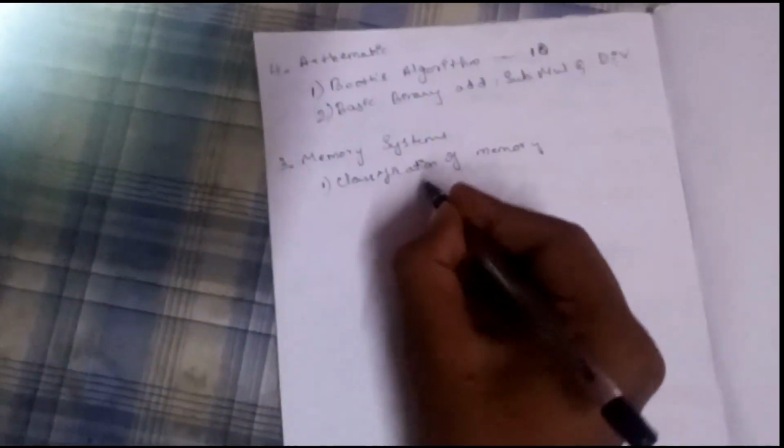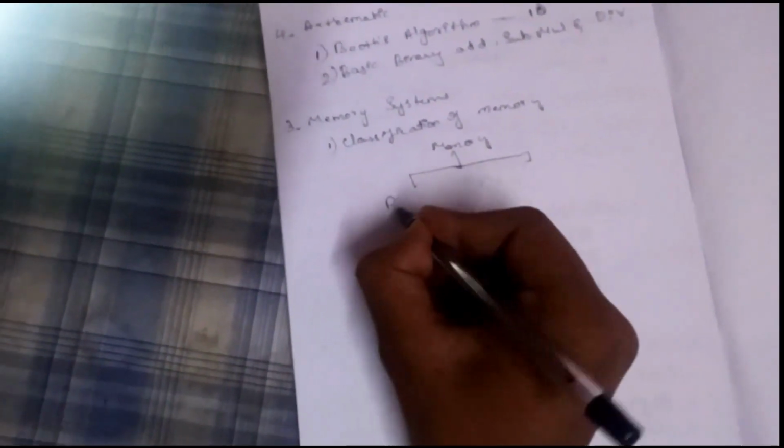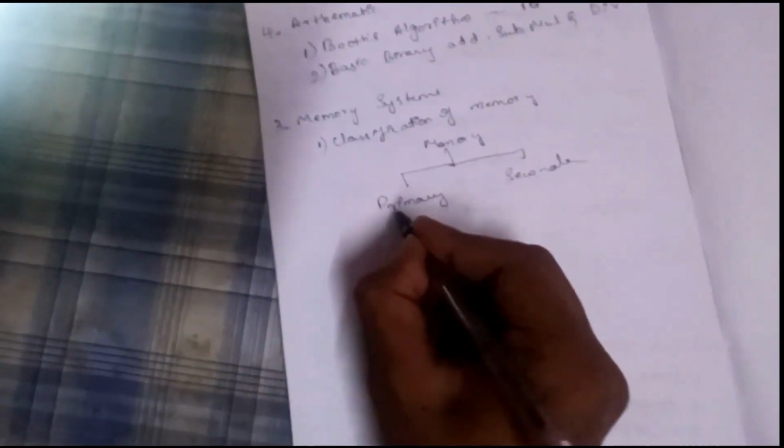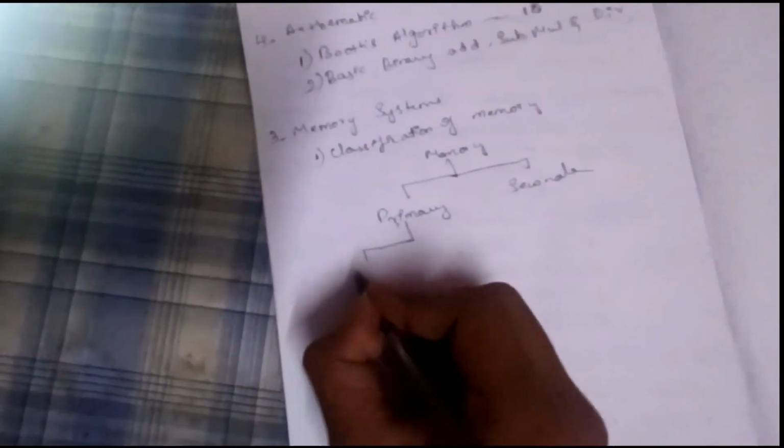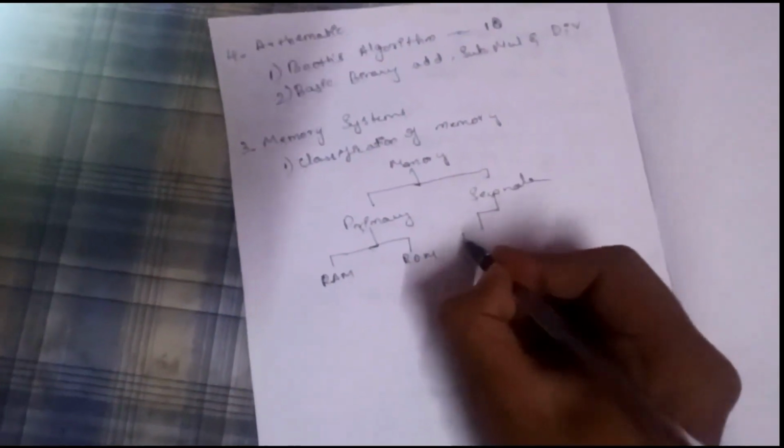This is memory: primary memory and secondary memory. In primary memory, it will be RAM and ROM, and in secondary memory, it will be magnetic disk and optical disk.